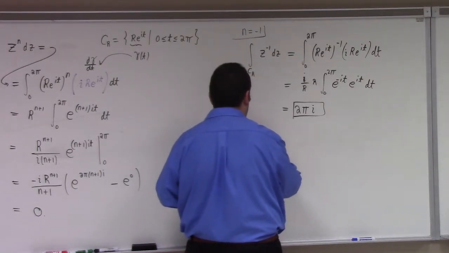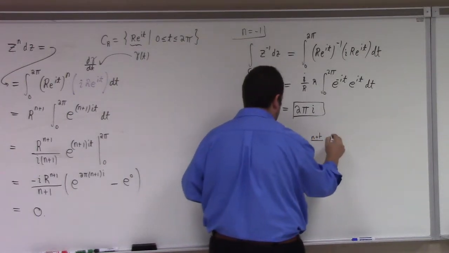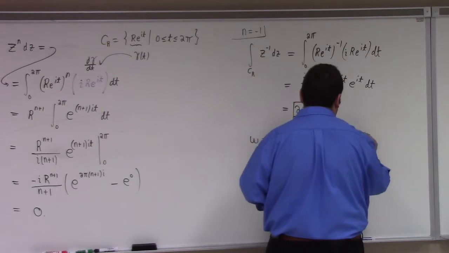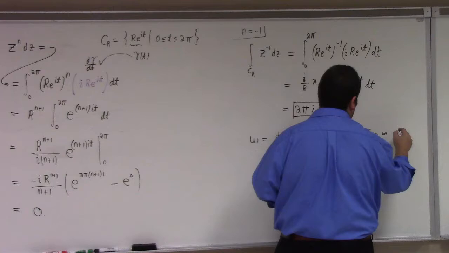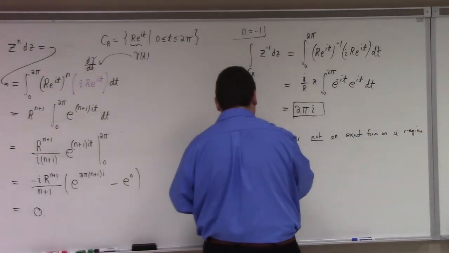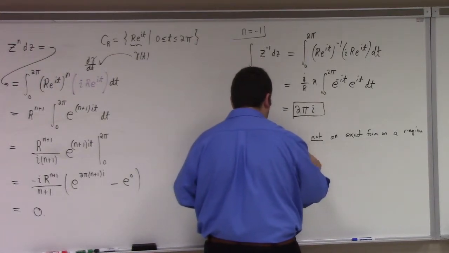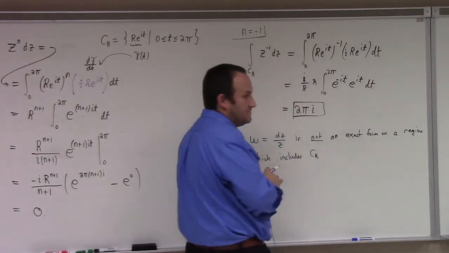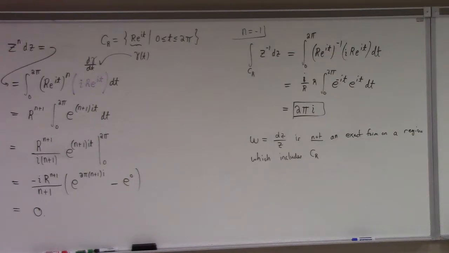Certainly, omega equals dz over z is not an exact form on a region which includes the circle of radius r. Because we've just shown that the integral around that loop is non-zero, which says that that differential form is not exact.